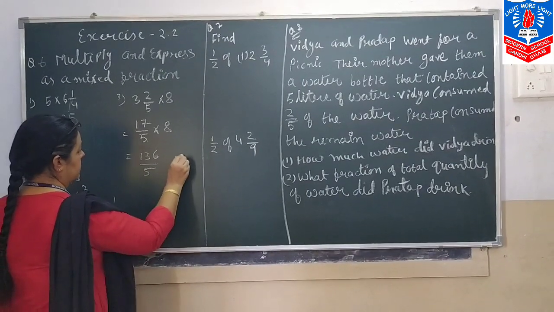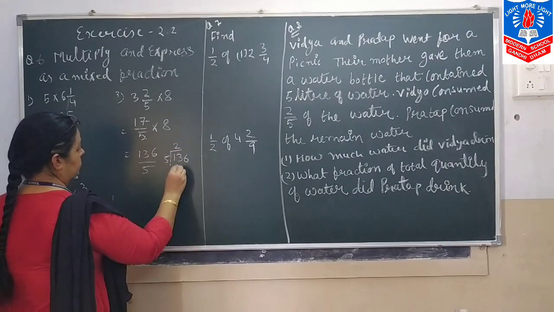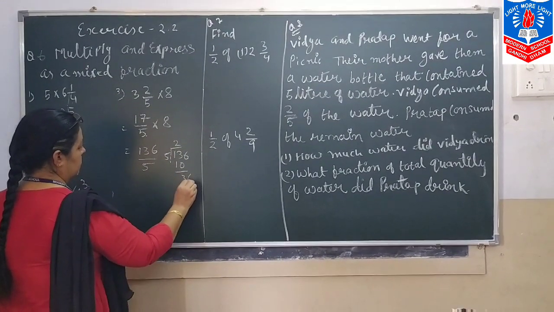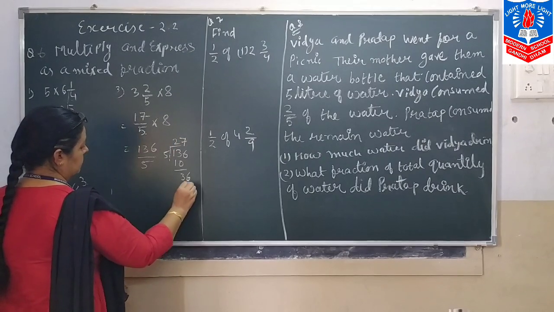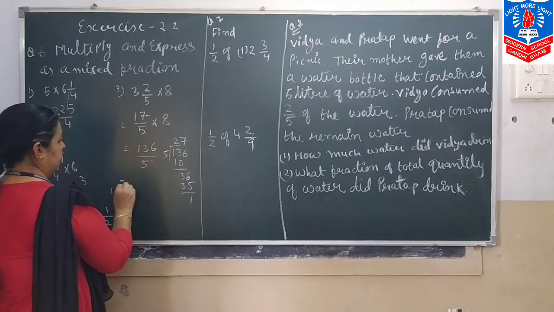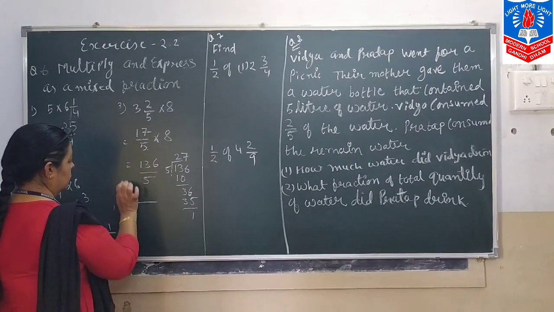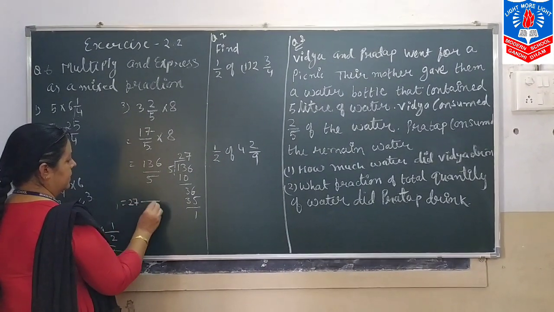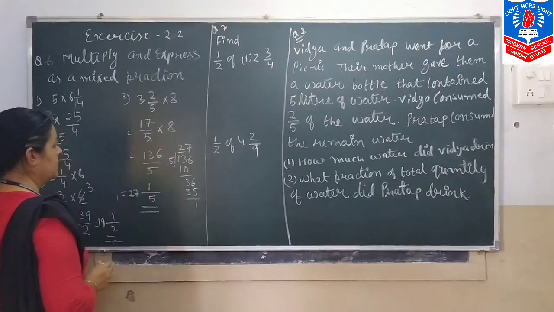Convert into a mixed fraction by division. 27 integer 1 by 5 is your answer.